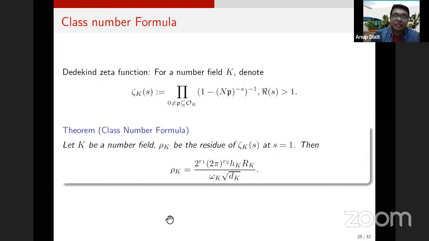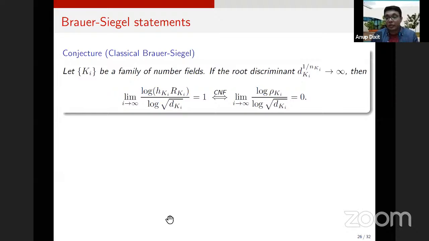So this is what is called the classical Brauer-Siegel conjecture, which was proved by Siegel and Brauer for certain fields, and I will mention that in a second. So the conjecture says the following: suppose you have a family of number fields K_i, and let's say the root discriminant goes to infinity as i goes to infinity.